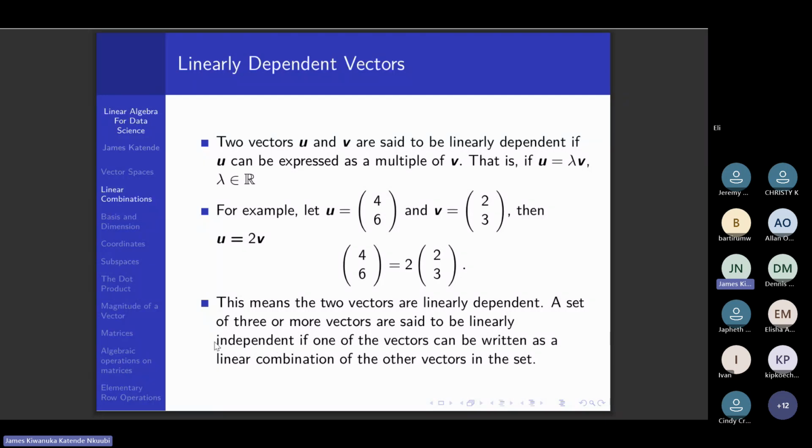The set is linearly dependent if one of the vectors can be written as a linear combination of the other vectors in the set. Anytime you have that, then we can say that that set of vectors is linearly dependent. I think I'll correct this and send it later on. I'll go through them line by line and try to fix any errors.